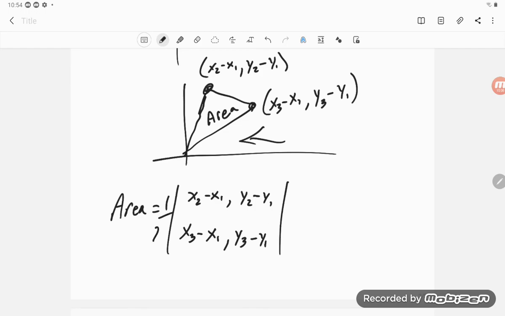Oops, forgot my 1/2 out in front. So it would be the 1/2 of that.